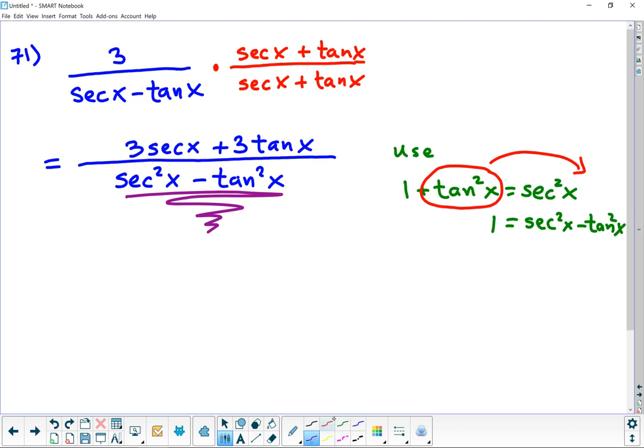That is what we want, secant square x minus tangent square x, and that's equal to 1. So by doing this, we have swapped out the secant square x minus tangent square x with just a 1.